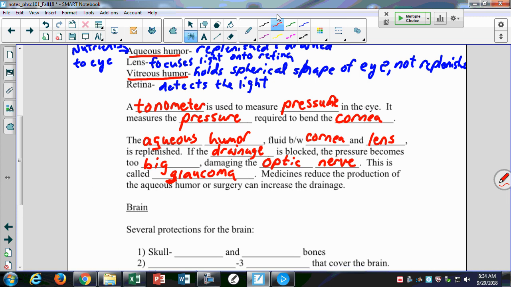So how does it damage the light? I don't know. I'm not sure. Is there a possible way that both could happen? High pressure and low pressure?